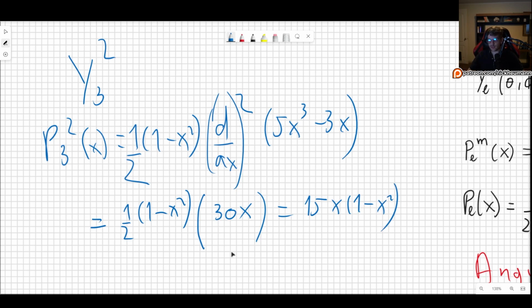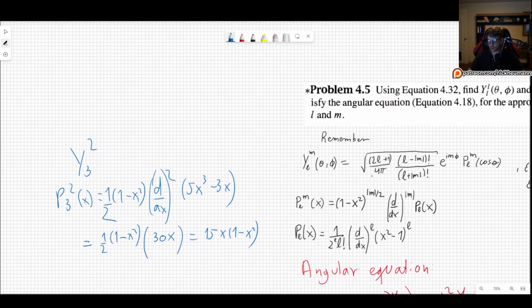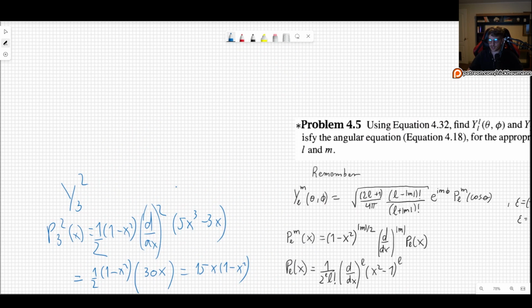Okay, so now that we have this, let's just plug it into our formula for the spherical harmonic. So let's do it perhaps somewhere over here. So this would be Y_3^2 of theta and phi.